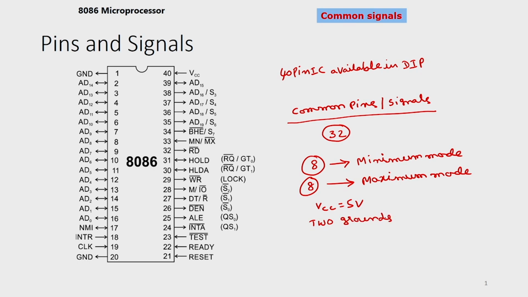The reason for having the 2 grounds is to cancel the noise. So, the remaining are, we know that microprocessor 8086 has 20 address lines and 16 data lines.